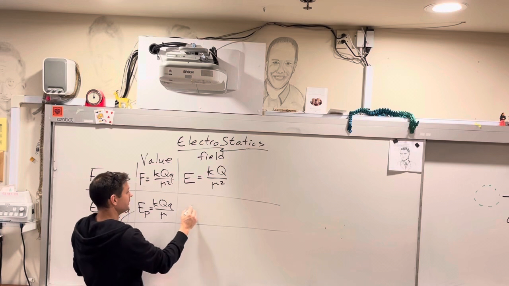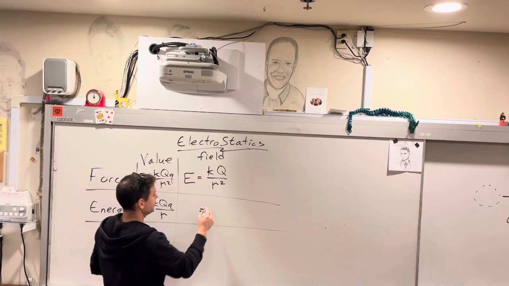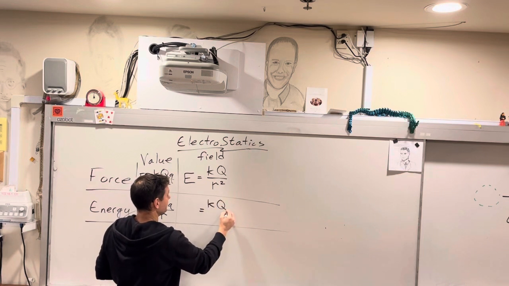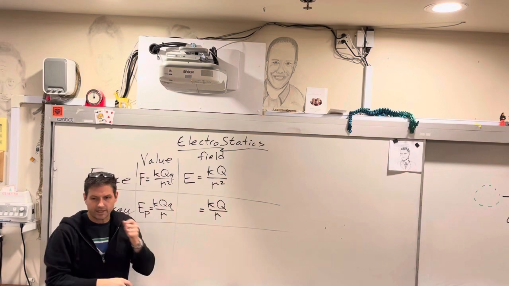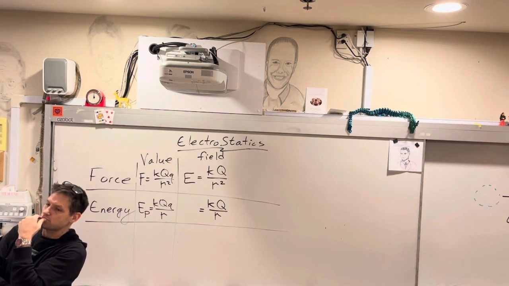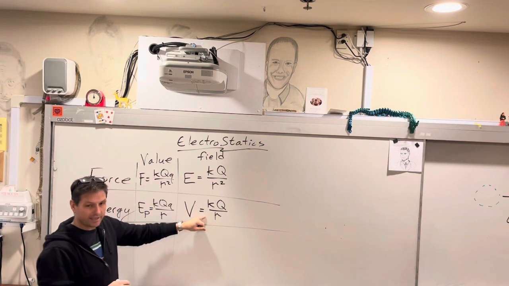And then here you have an energy field. So this is a force field. Your energy field is KQ over R. What would we use for that, do you think? Volts. Yeah, that's right. This is potential.